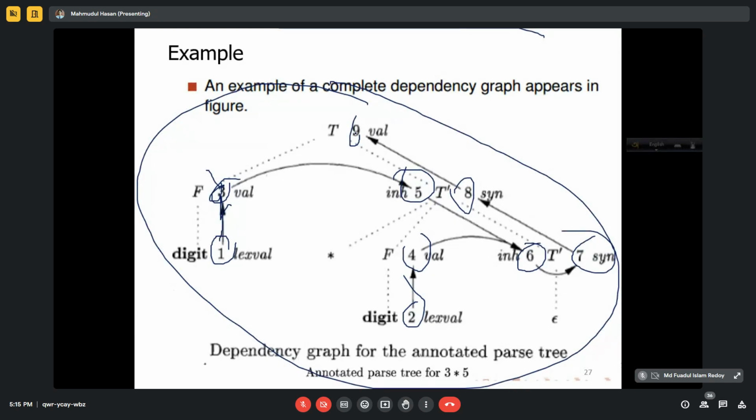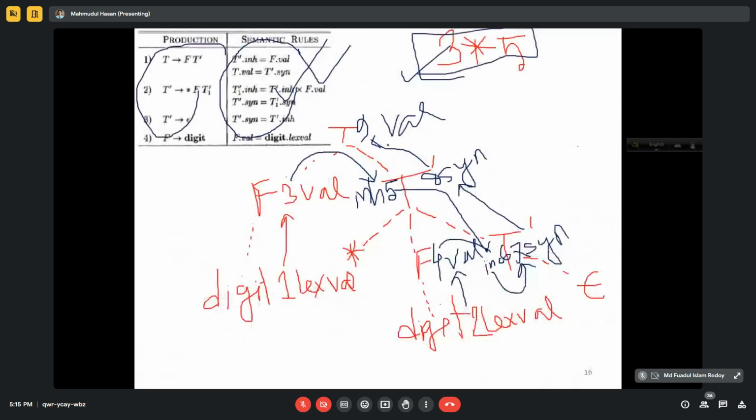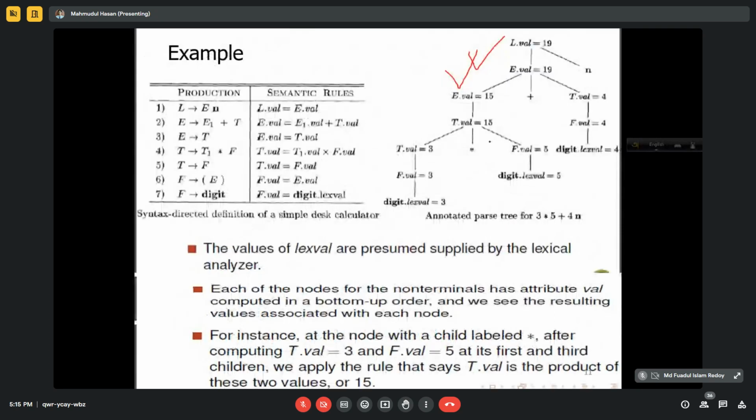Yes, sir. Then is it possible to draw the dependency graph for this one? So this is the informal way. I'm just showing the arrow, but you need to actually use the formal notation.